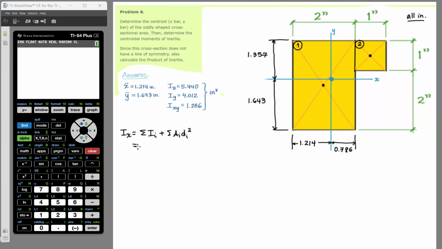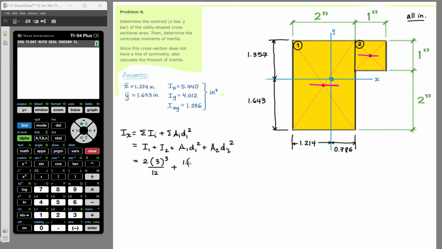And for the x-axis, here are our parallel axes, this one and that one. So Ix is going to be I1 plus I2 plus A1 D1 squared plus A2 D2 squared. I1 is base of 2, height of 3, cubed, divided by 12.